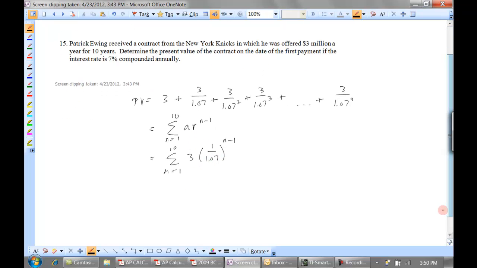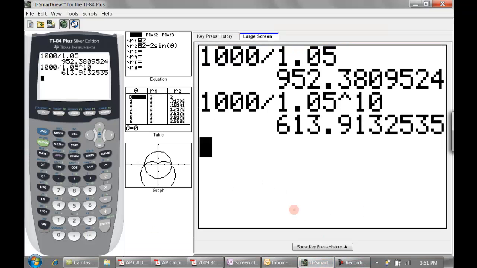We can also solve this using our sum of a geometric series. So the sum of a geometric series is the first term times 1 minus r to the n over 1 minus r. And if we were to take this and do it on our calculator, we have 3 times the quantity 1 minus r to the n.